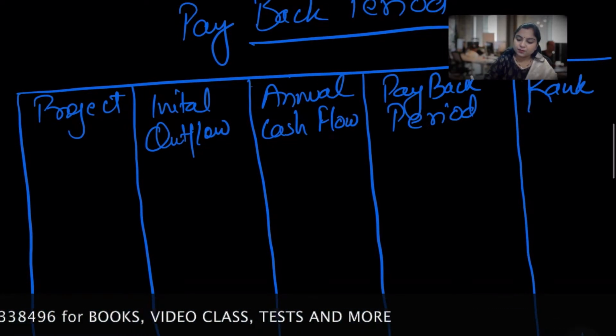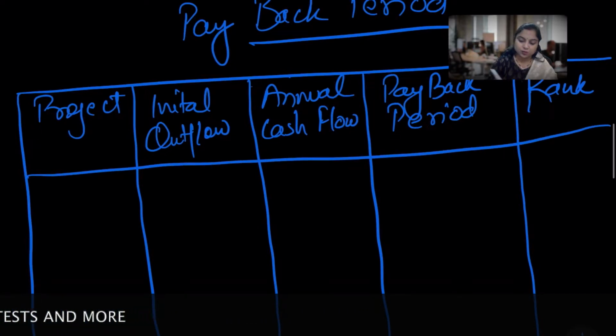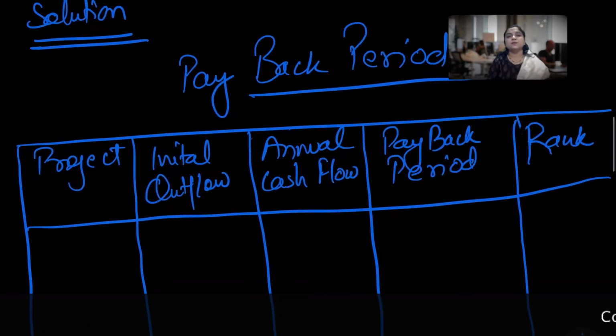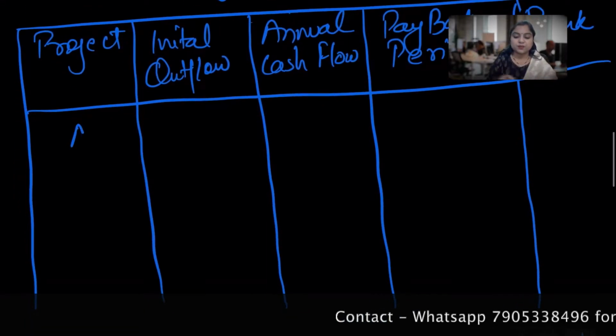Okay, sometimes students ask me, ma'am, is the presentation or doing solving everything important? Yes, it is important. That's why I'm giving this much time to give a good presentation.